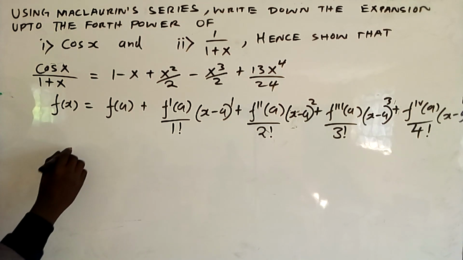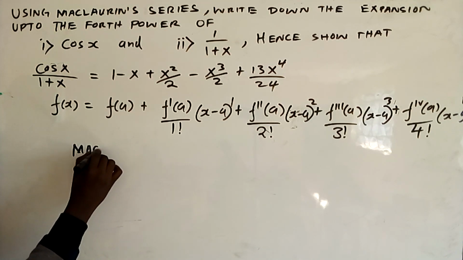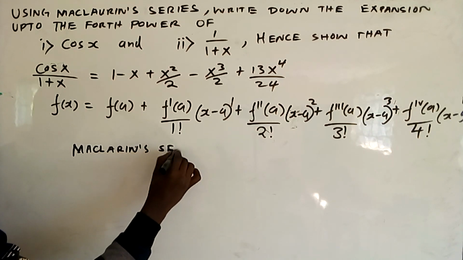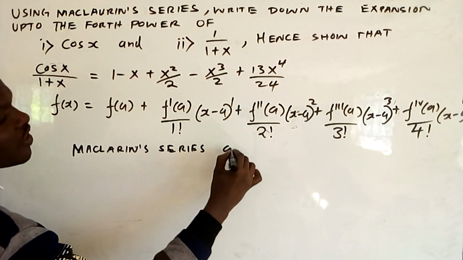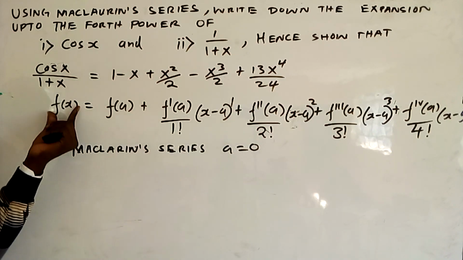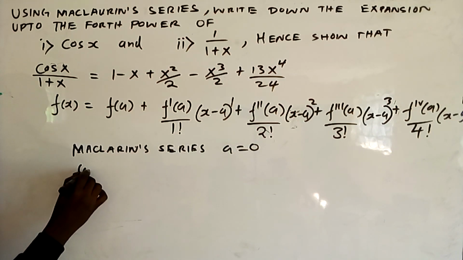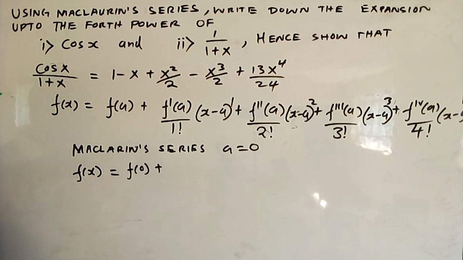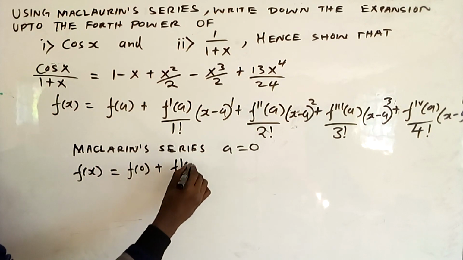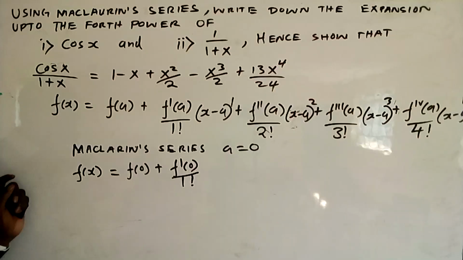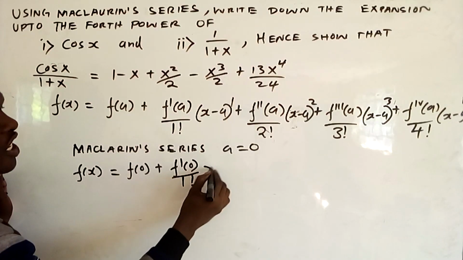In Maclaurin series, a is equal to 0. So we have f of x equal to f of 0, plus f prime of 0 over 1 factorial times x minus 0, which is just x, raised to power 1.